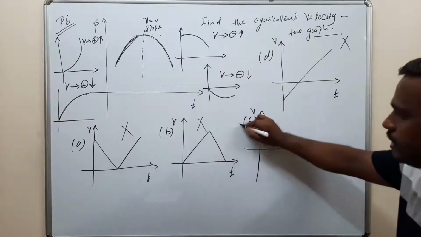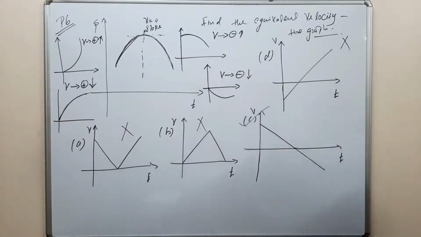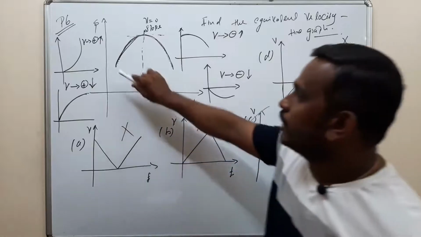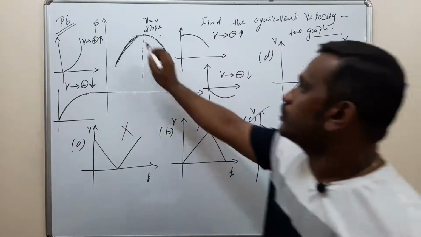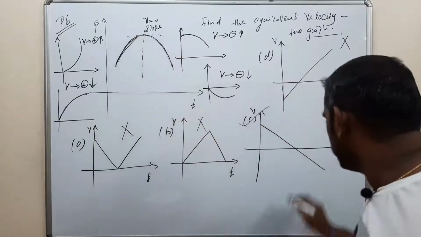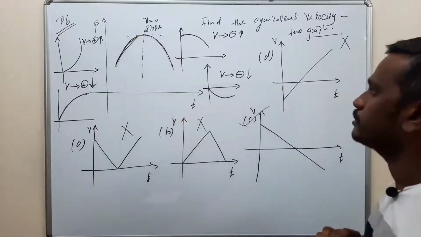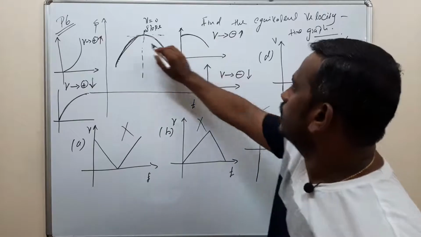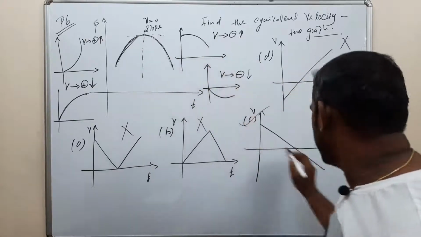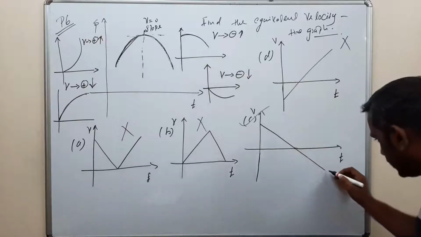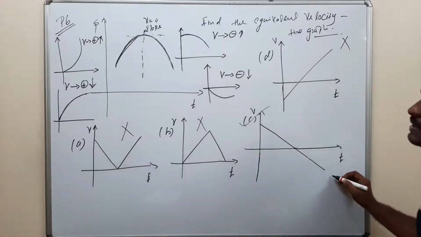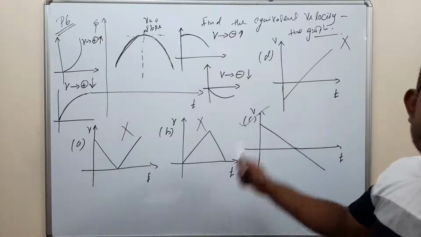So this option is the answer. Velocity positive decreasing, becomes 0 at this point, then negative and increasing. That is the answer. Clear?